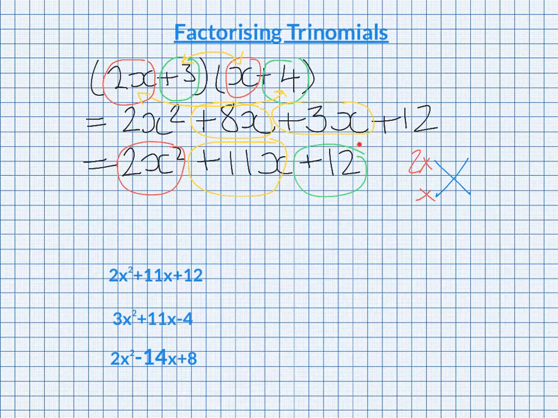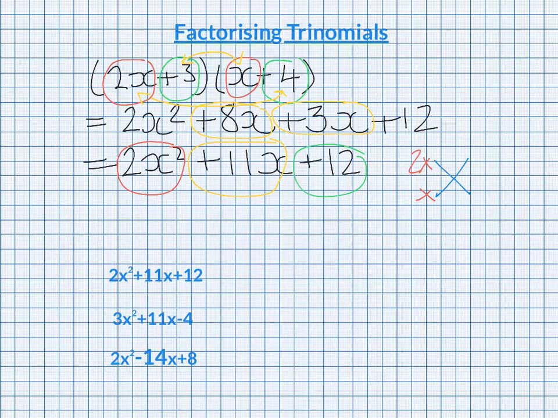In the last term I've got 12. Now I need to choose factors of 12 to go here. And I know that whatever is in the bracket beside the 2x, I'm going to have to multiply by the x. And whatever I'm going to have in the bracket with the x, I'm going to have to multiply by the 2x.